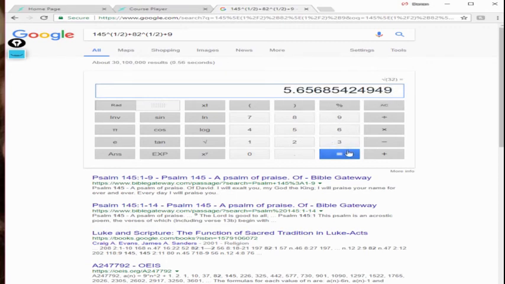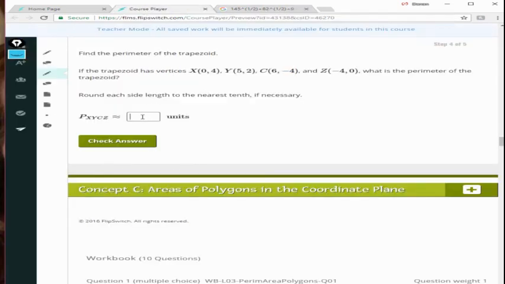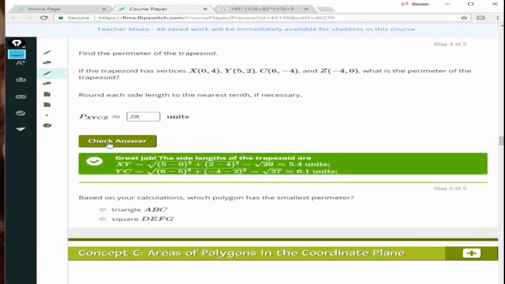And that equals 5.7 because the 5 in the hundredths place is going to round the 6 in the tenths place up. Okay, now it wants our perimeter, so I'm going to add up all of my side lengths. So 5.4 plus 6.1 plus 10.8 plus 5.7, which is 28. So this is going to be 28 units.